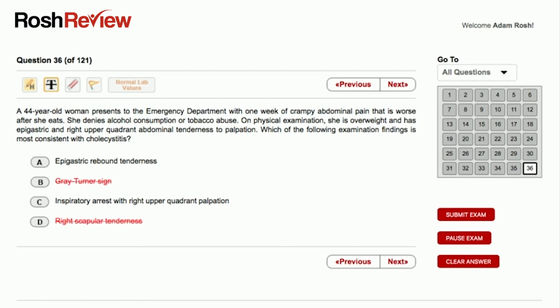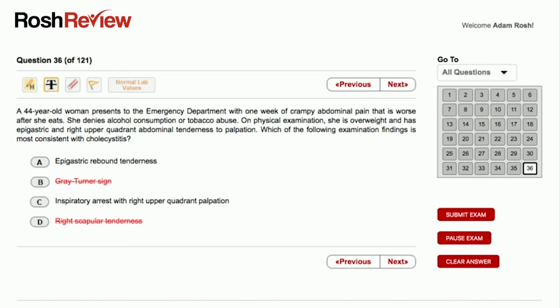And that's because when the patient's taking inspiration, the diaphragm is moving downwards, or caudally, towards the patient's feet, and it's pushing the liver and gallbladder down. So when you're palpating that region during inspiration, you make contact with an inflamed gallbladder, and ultimately will cause the patient pain. And because of the pain, the patient stops taking a breath.